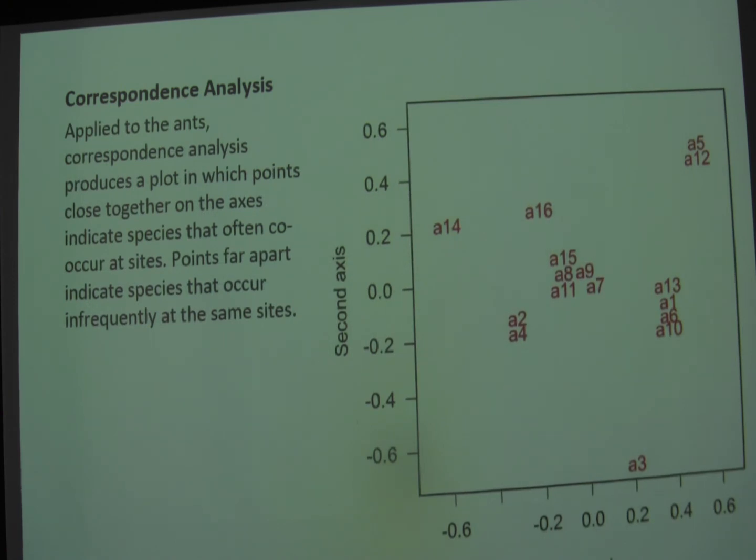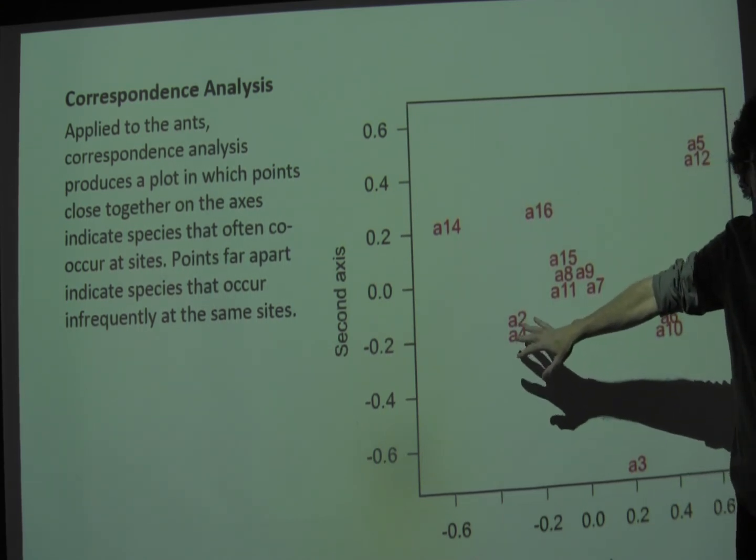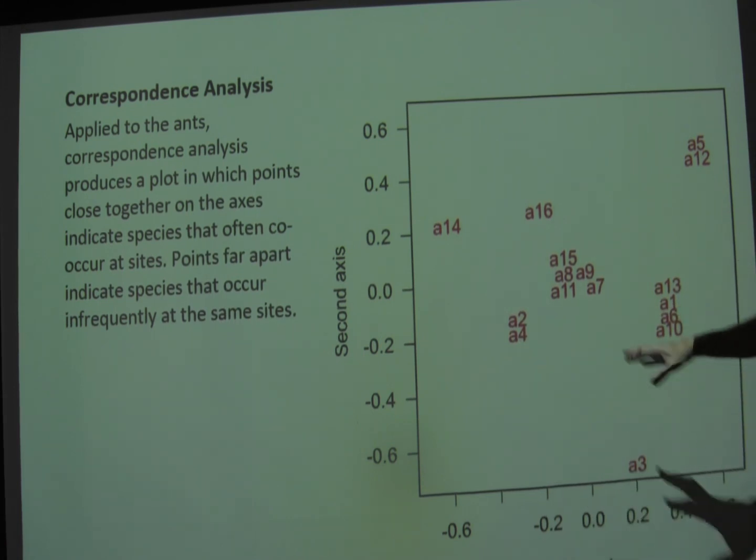A correspondence analysis would again allow you to look at the data in a small number of dimensions, in this case 2, and allow you to say, ant species 5 and 12 are right on top of one another, so they tend to occur at the same sites. And species 2 and 4 tend to occur at the same sites.